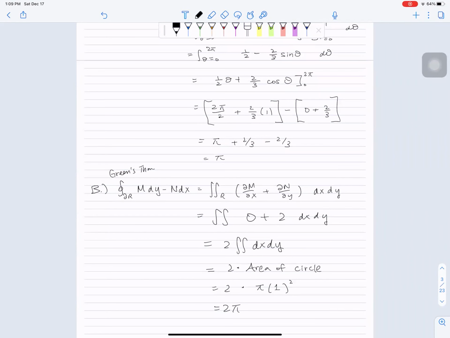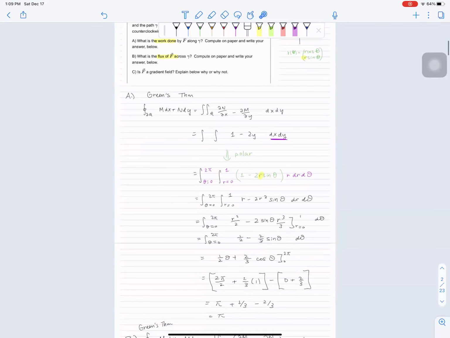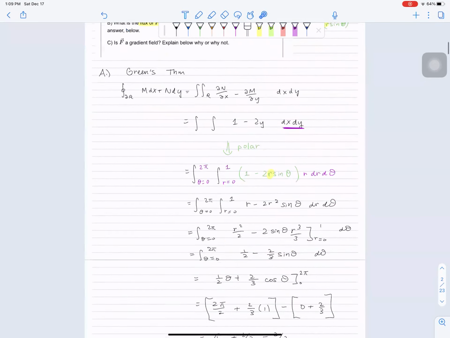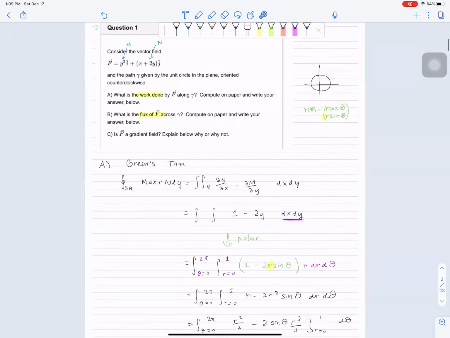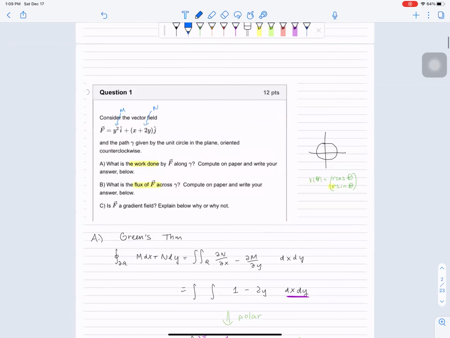I guess you can substitute r for 1. Could you also solve for work by using a path integral instead of Green's? Yes, you can also do a path integral instead of using Green's, and you should get the same. So doing it the path integral way is like you have your function, you plug in your parameterization, and you dot it with the derivative. So that should also work.